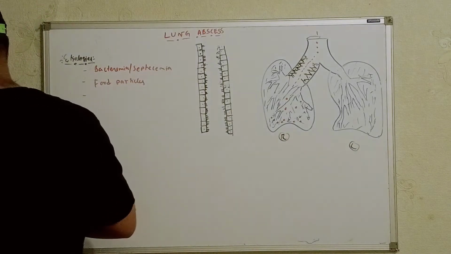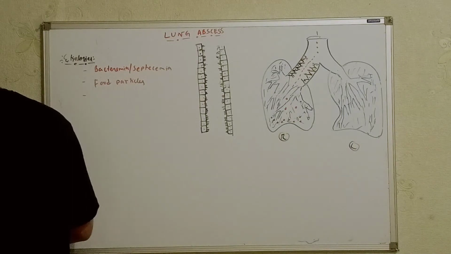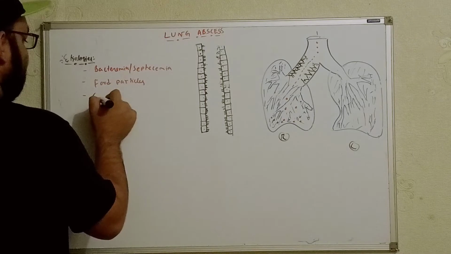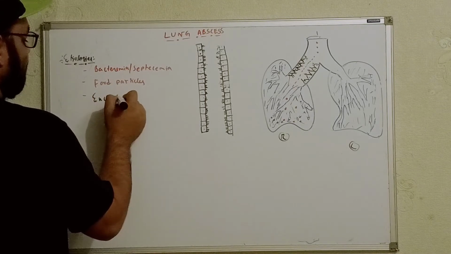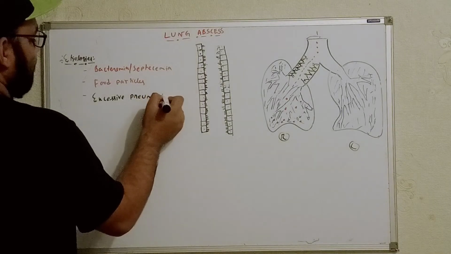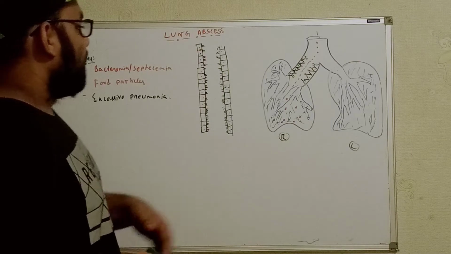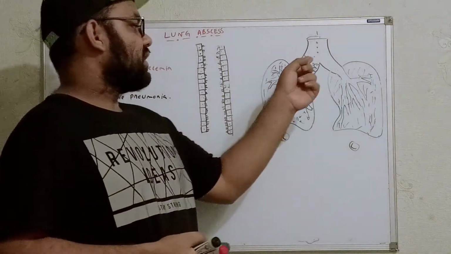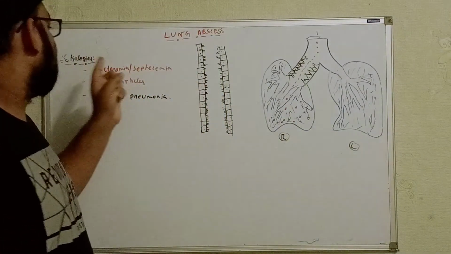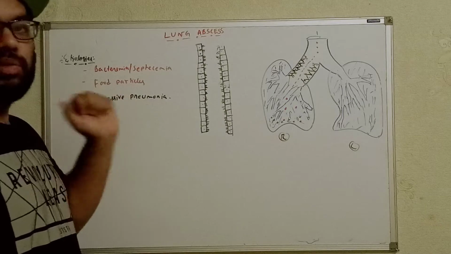Or excessive pneumonia. If you get excessive pneumonia, we can also get this type of problem. So the causes may be bacteria or microbes, food particles, or excessive pneumonia.